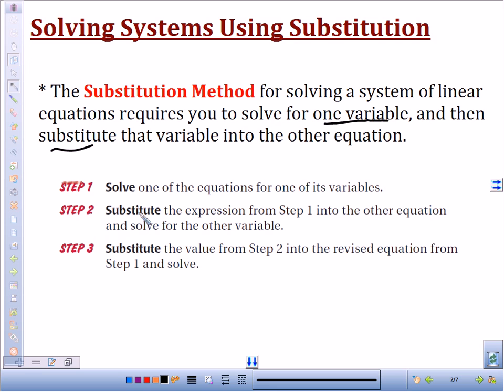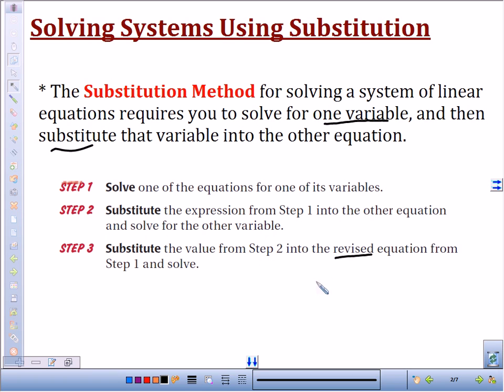Step 2 will be to substitute whatever expression you got in step 1 into the other equation and solve for the other variable. At this point, you will get a single number answer. Step 3 will be to take that single number answer, that value from step 2, and put it into the revised equation or to any of the equations from step 1 and solve.